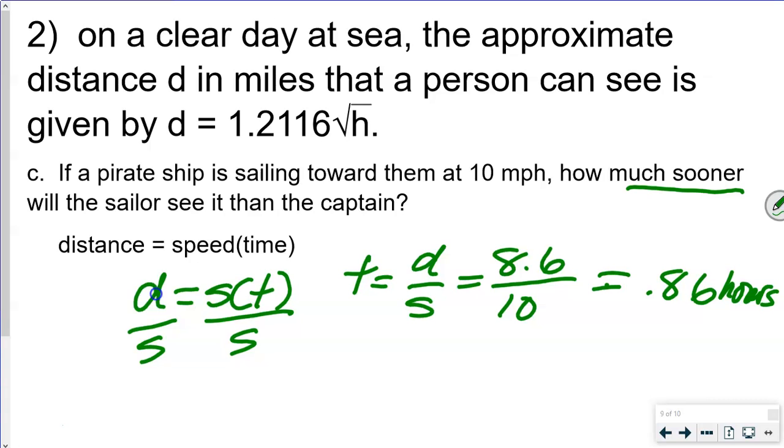So I'm going to multiply that 0.86 times 60 minutes, because that's hours, and I want it in minutes, and there's 60 minutes in an hour. So when I do that, that's 51.6 minutes. And just so you guys know, we could actually convert this to minutes and seconds by doing the 0.6 times 60 as well, and that would give us our seconds.